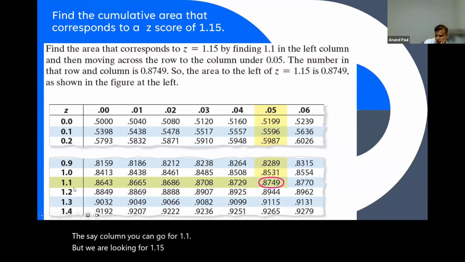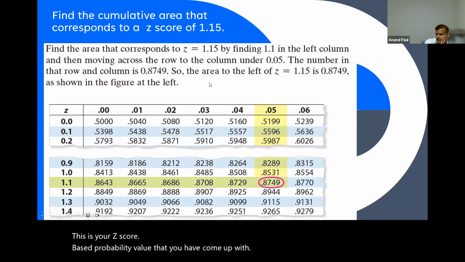So 1.1, and then for the 5 you go here, 0.05. So for 1.15, your value would be 0.8749. This is the probability value that you have come up with from your z-score.